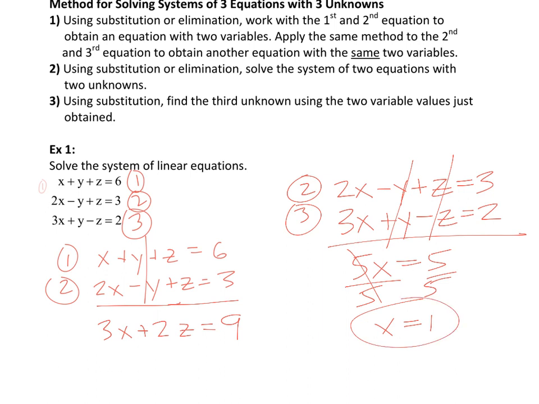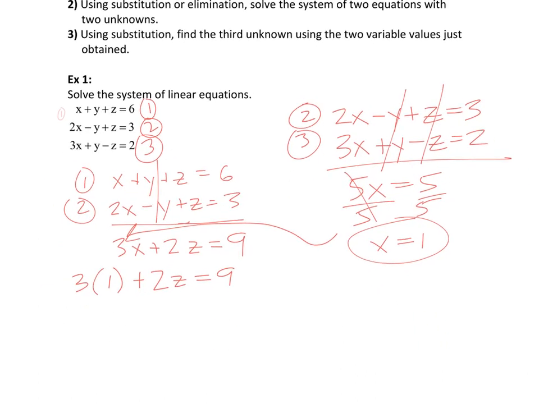Then I'll just plug that in over here and solve for z. Alright, subtract 3. 2z is equal to 6.